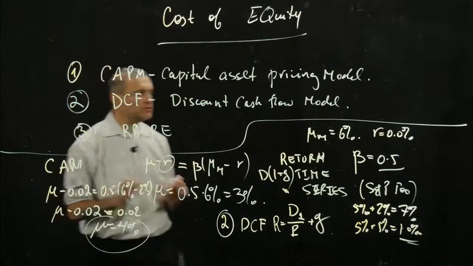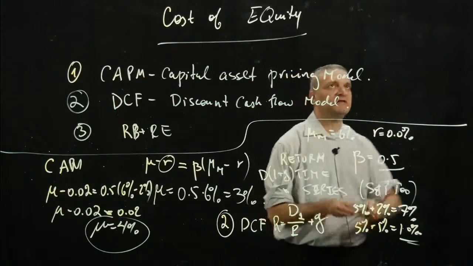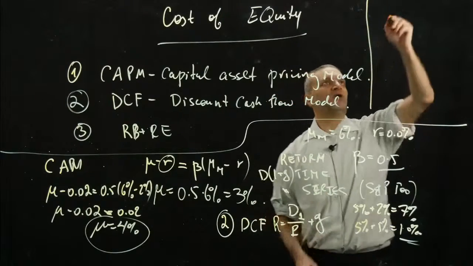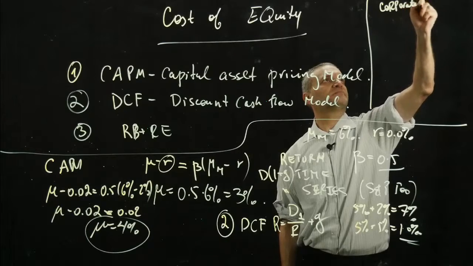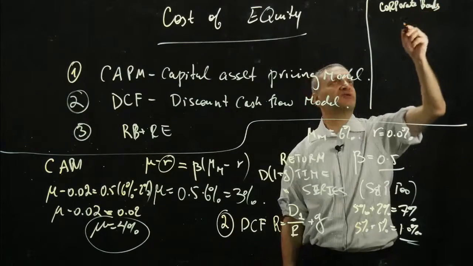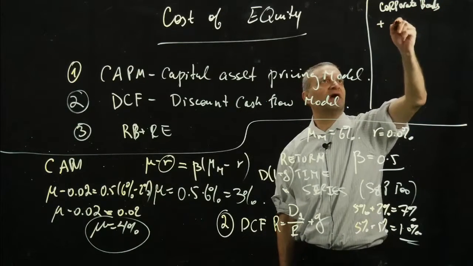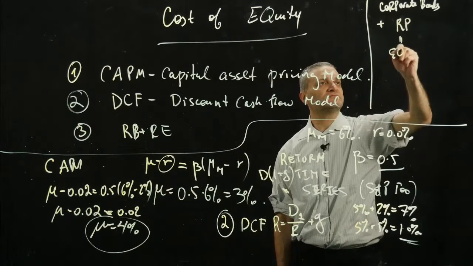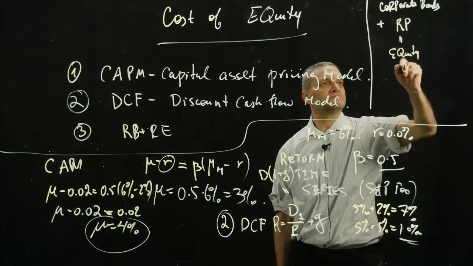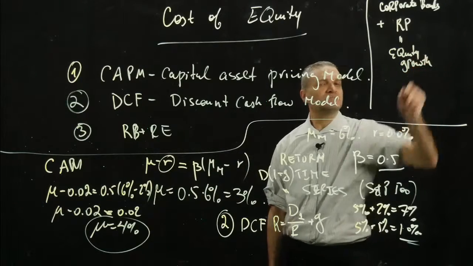And the last way to do it is basically, you have the bonds, corporate bonds or government bonds. To the bond yield, you can add a risk premium to get your cost of equity.